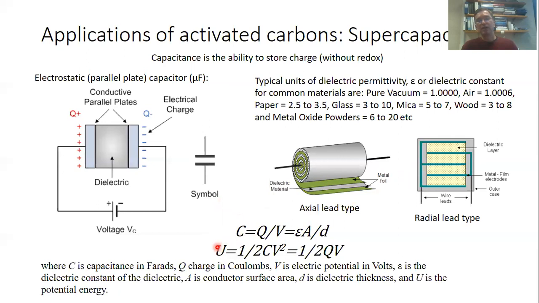The energy is given by a half times the capacitance times the voltage squared, which is equal to a half times the number of charges stored times the voltage. So now which level of capacitance can you actually produce in such an electrostatic capacitor?